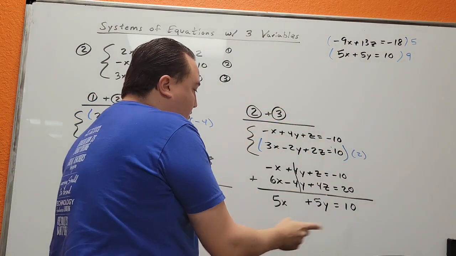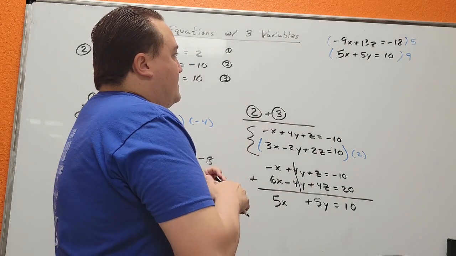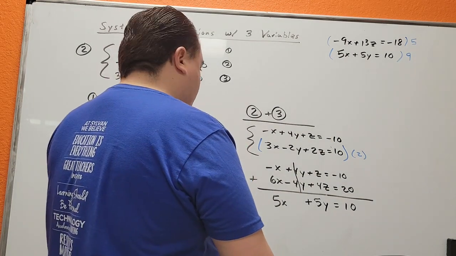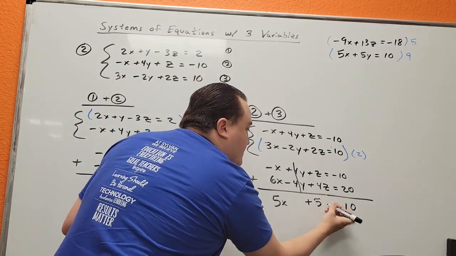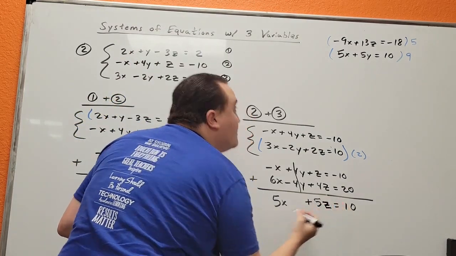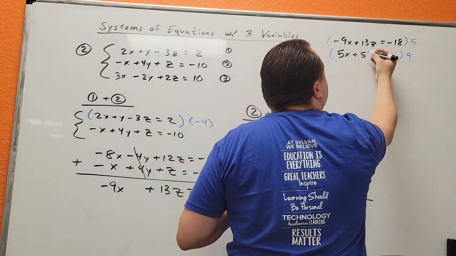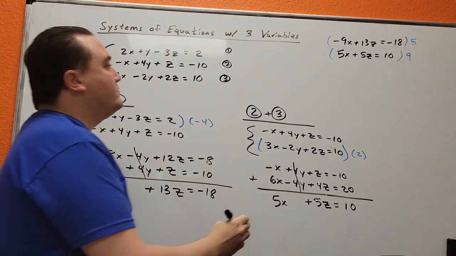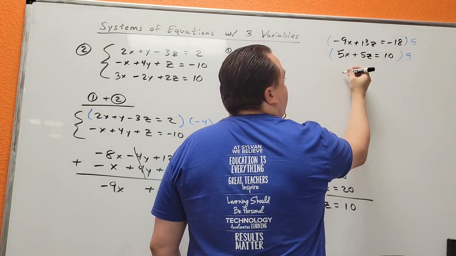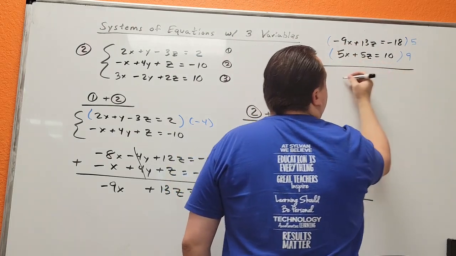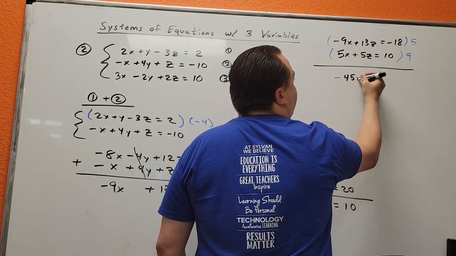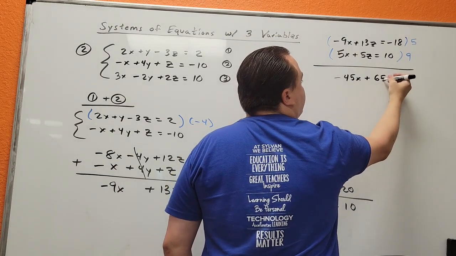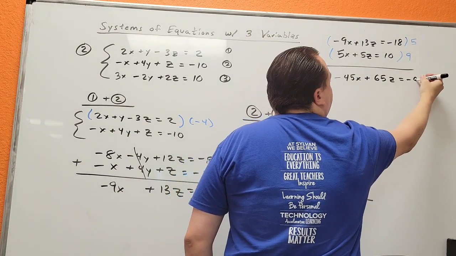Once we have z, we can plug back into one of the other equations. So this is actually a z here, not a y. Whoops. Z. Z. Sorry. So that gives us negative 45x plus 65z equals negative 90.